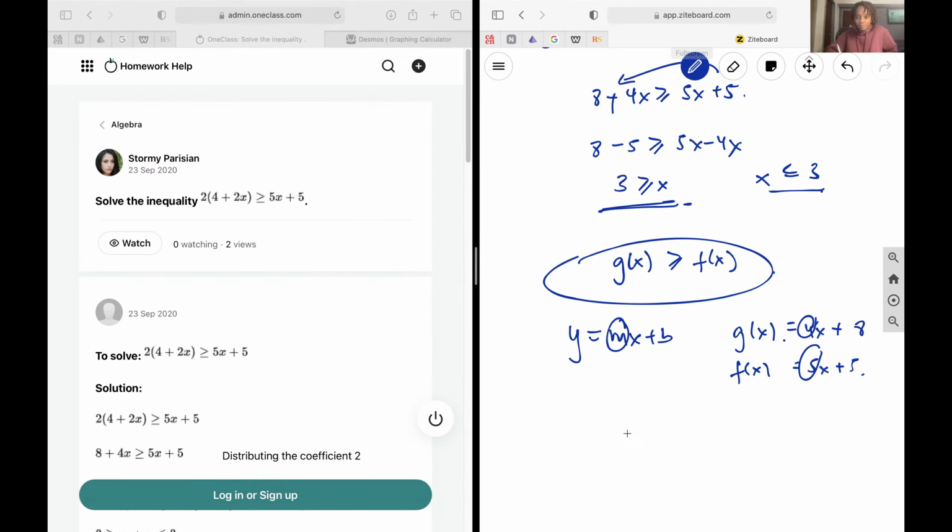And so if I have y1 and y2, and my two intercepts are 8 and 5, y2 is going to cross at the 8.